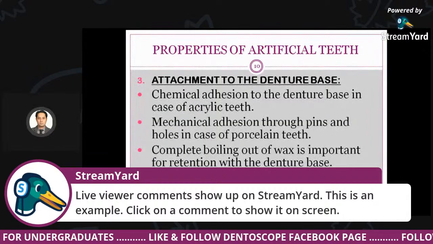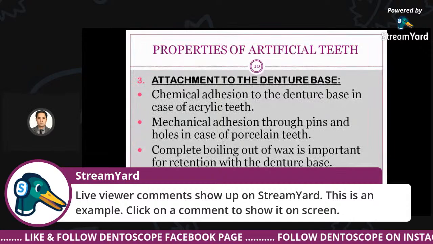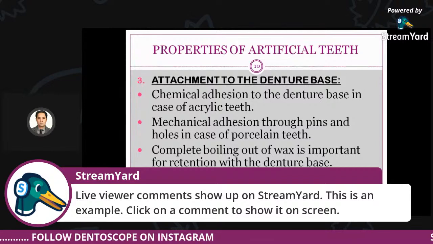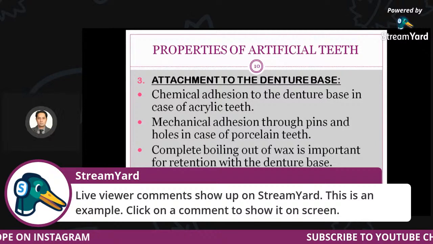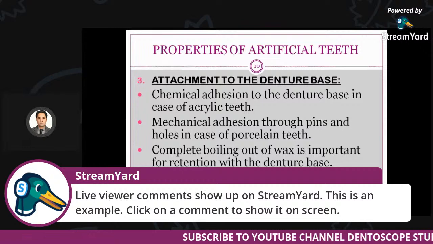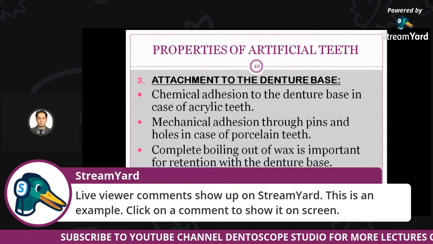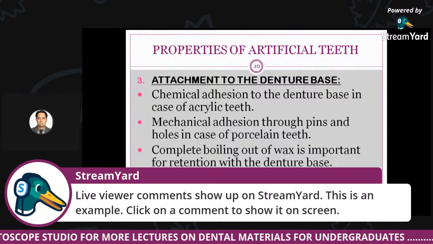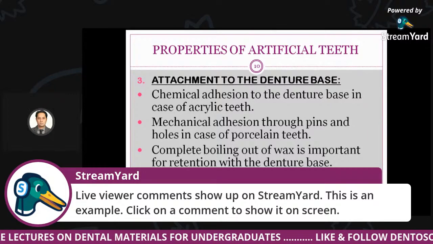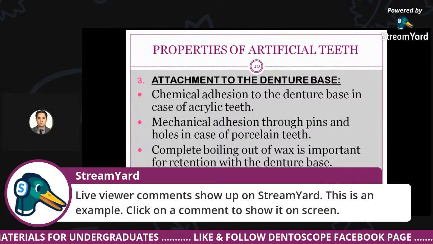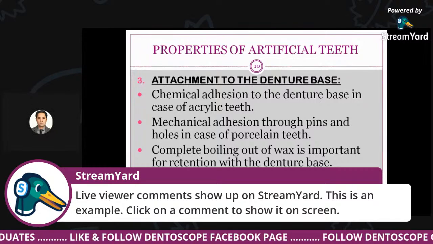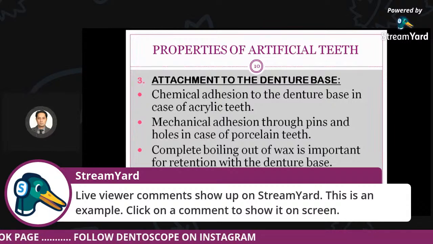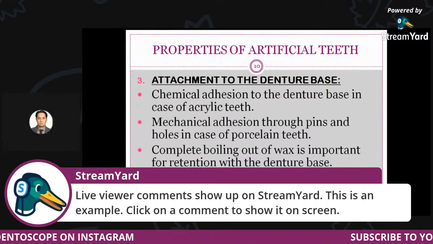Then now coming to the chemistry of both of these artificial teeth, attachment to the denture base. How are these artificial teeth going to be attached to the denture base? Well, there are two types of adhesion which are seen here. One is the chemical adhesion, and the other one is the mechanical adhesion. As I told you, acrylic artificial teeth have the same chemical composition as the denture base.